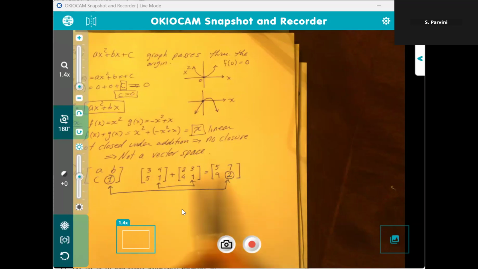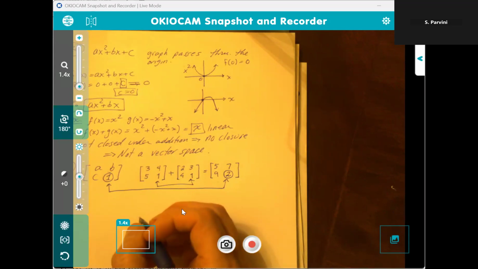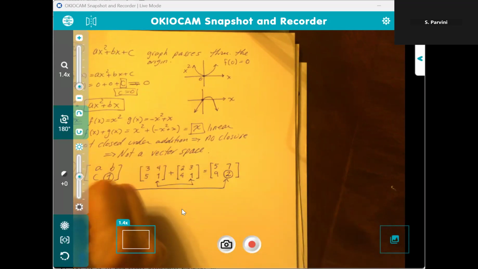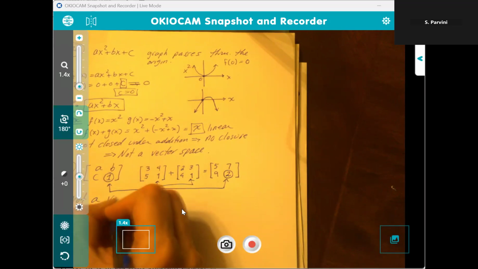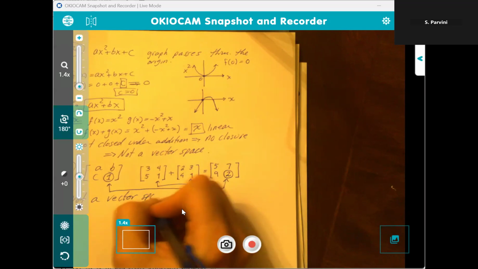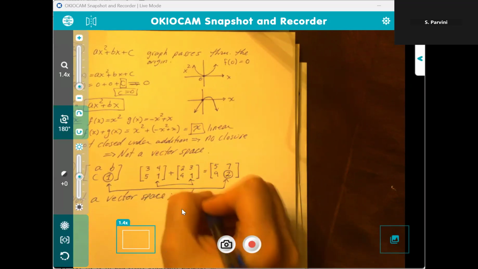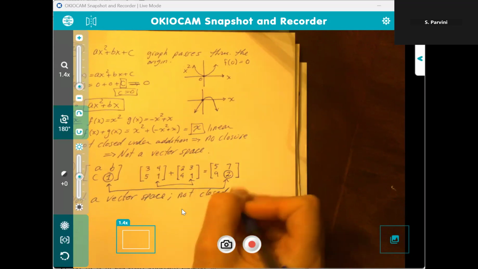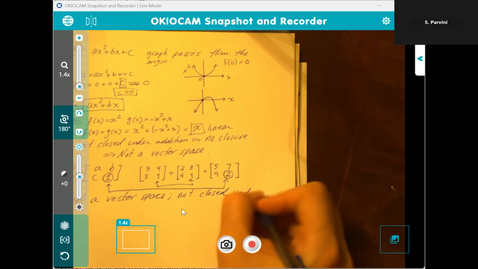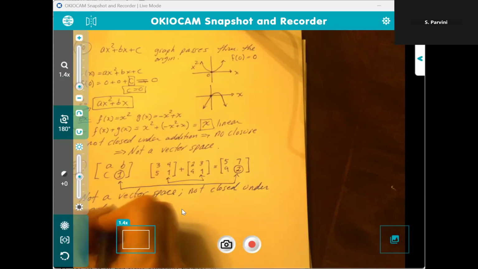This sum does not exist in this set. So the set fails to close. So it is not a vector space. And because it is not closed under addition, not closed under addition.